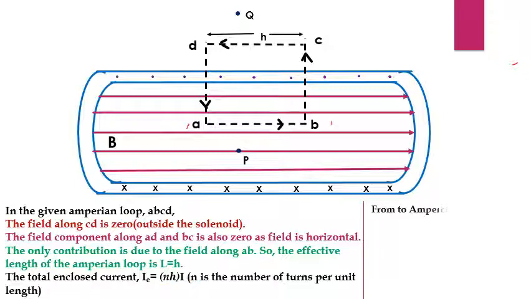Now, when we use Ampere's circuital law, what does it say? The closed loop integral of B dot dl is equal to mu naught I. We are already done with the B dot dl part, because the angle theta between the B and dl vectors is 0.